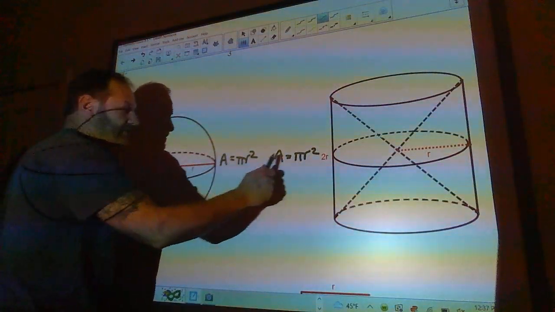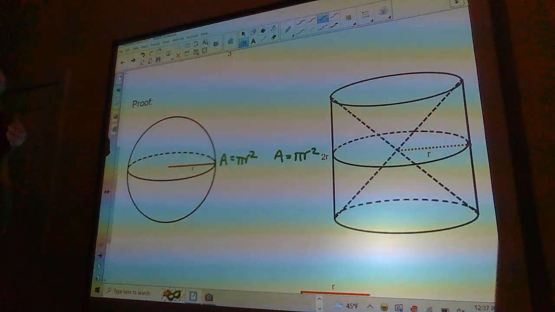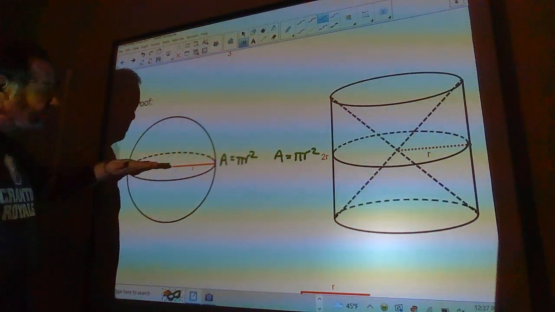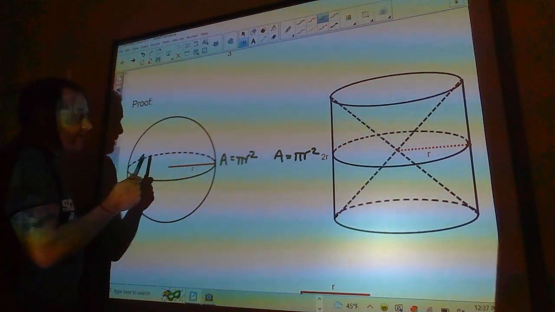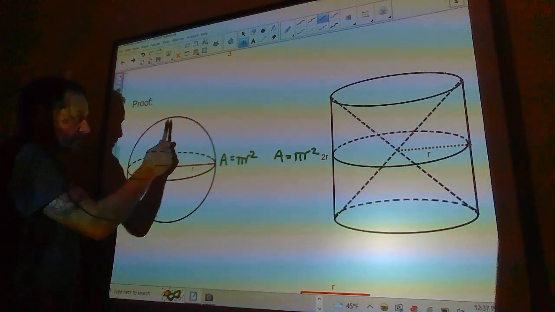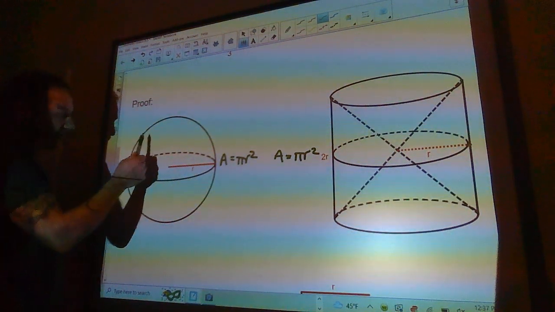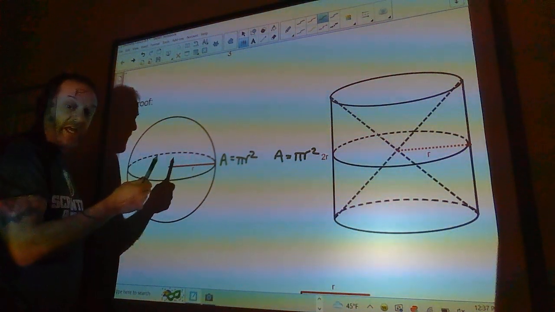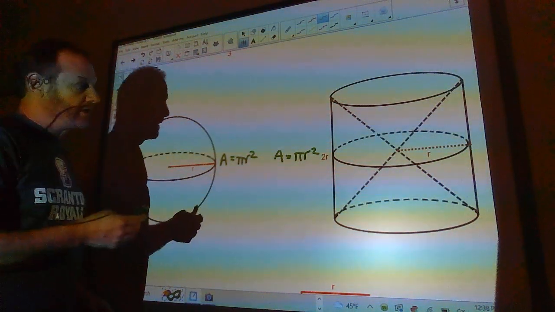The areas in the middle of these two things are the same. Now what we need to do is take a cross section of the sphere. As I go higher and higher up the sphere, the circle that I get as a cross section is going to get smaller and smaller. So the area is going to shrink.